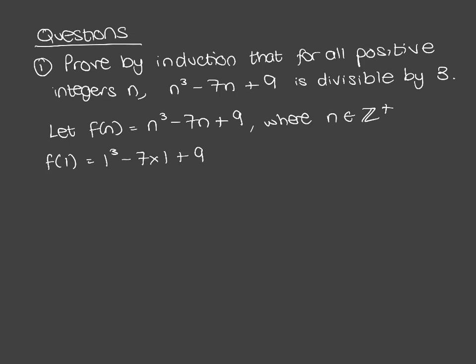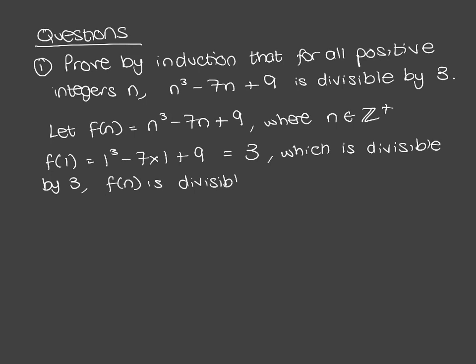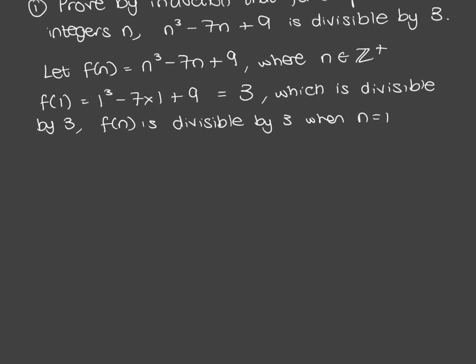So that's 1 minus 7 plus 9, which is 3. So that is clearly divisible by 3. So we can say Fn is divisible by 3 when n equals 1. So we proved it for n equals 1.